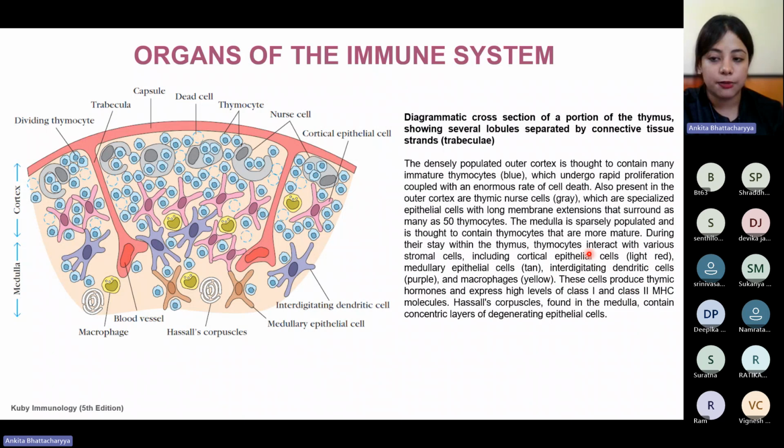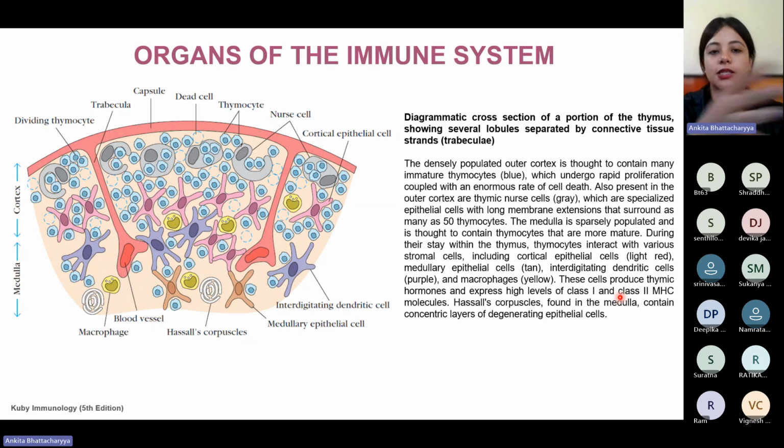That is because these cells produce some thymic hormones, and more importantly, they express high levels of class 1 and class 2 MHC molecules. If you remember the lectures for this week, it was explained that during the process of maturation, for the distinction of a particular thymocyte into CD4 plus or CD8 plus, interaction with MHCs is important.